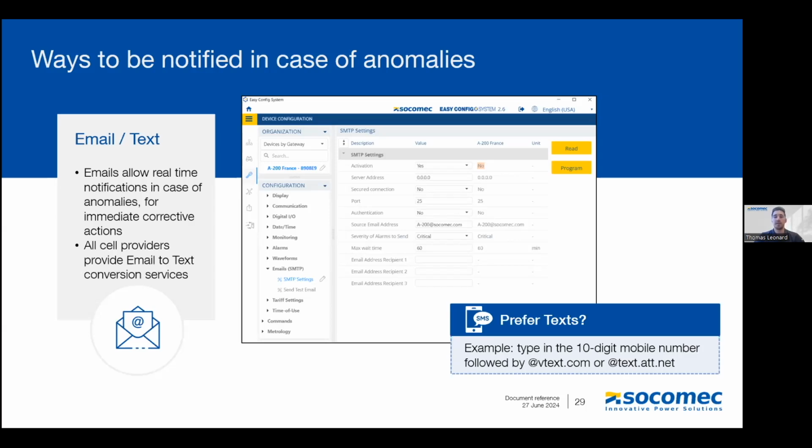Most cell phone providers, whether it's Verizon, AT&T, T-Mobile, you can use all of them using a 10-digit mobile number followed by, in the example of AT&T, your 10-digit mobile number at text.att.net, and instead of sending a text, it'll send an email, or vice versa. So for those of you who prefer text over emails, that's totally possible.